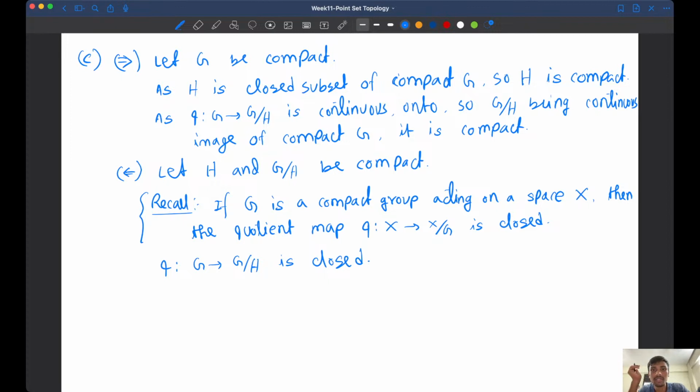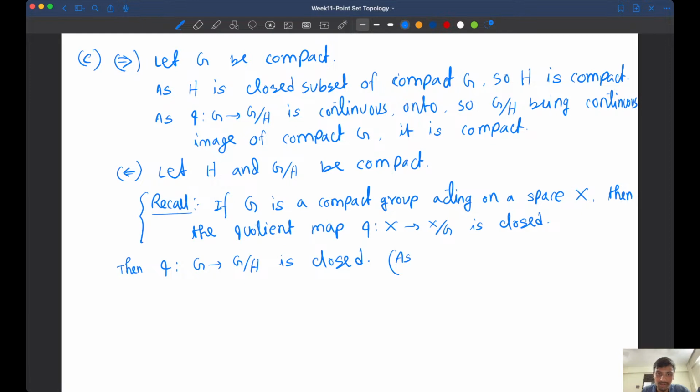What will be the setting so that this follows from this thing? What will be the group action and what is the compact subset? Yeah, H is a compact group acting on G. And what is the group action? The group action is simply left multiplication, right?